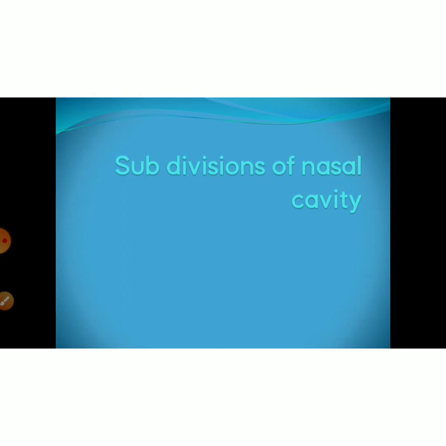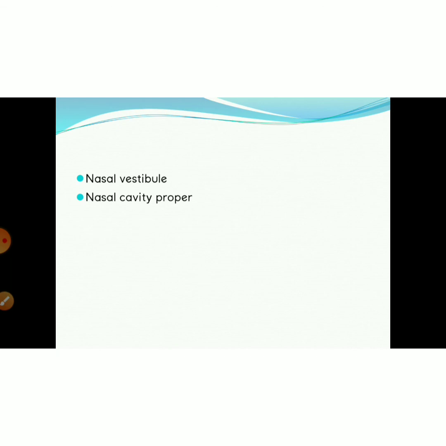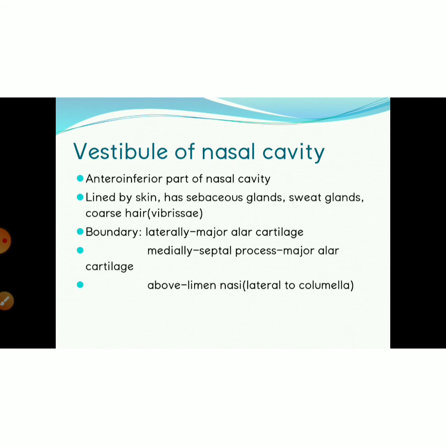Now we will come to the anatomy of the nasal cavity. We will see it in subdivisions. We will first talk about the nasal vestibule, and then we will talk about the nasal cavity proper. The vestibule of the nasal cavity forms the anteroinferior part of the nasal cavity.